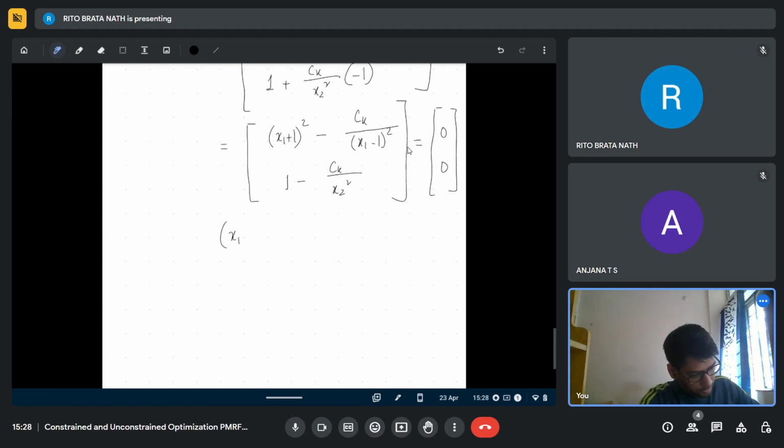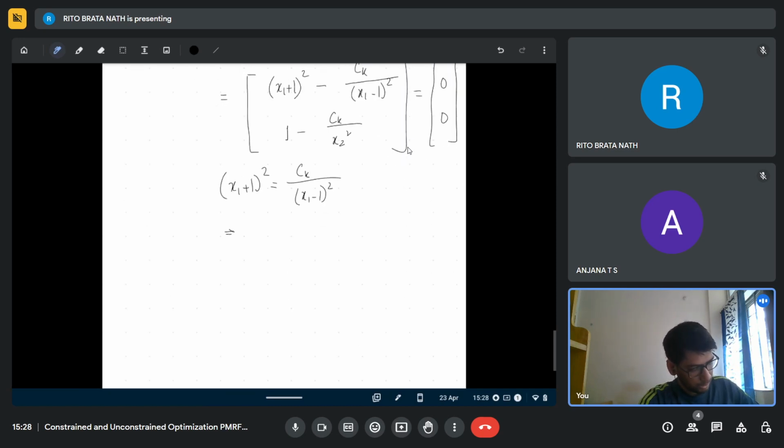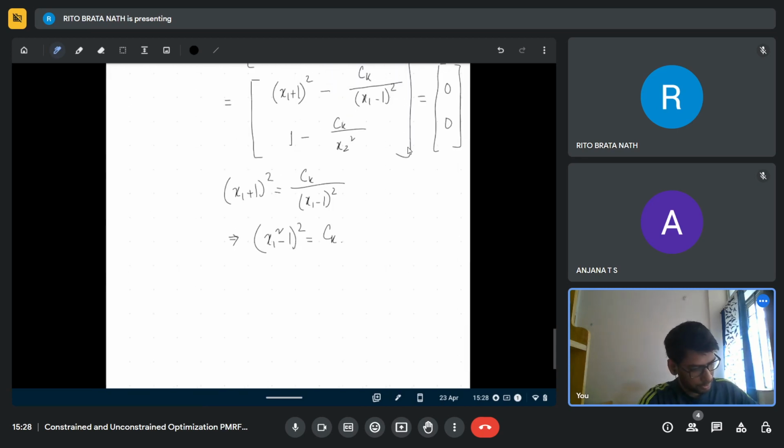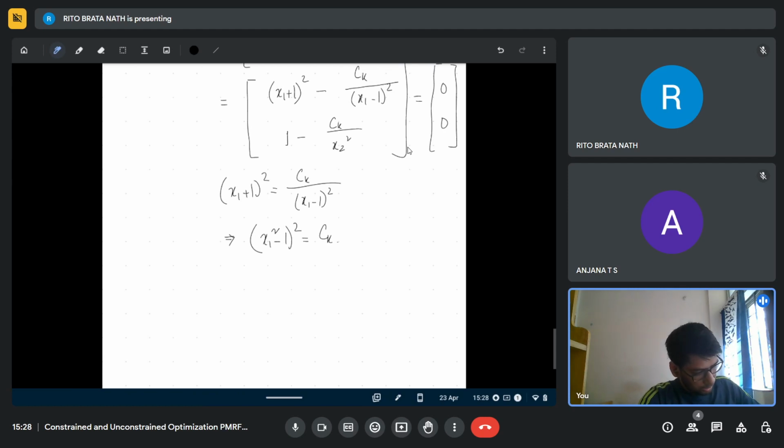The first one gives you this. If you multiply them, that's (x1 square minus 1) whole square equals ck. And the second term gives you 1 equals ck by x2 square, or x2 square equals ck.